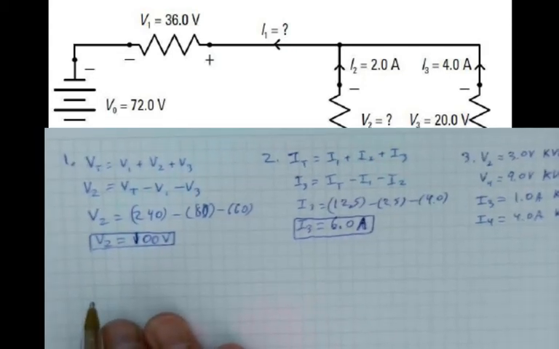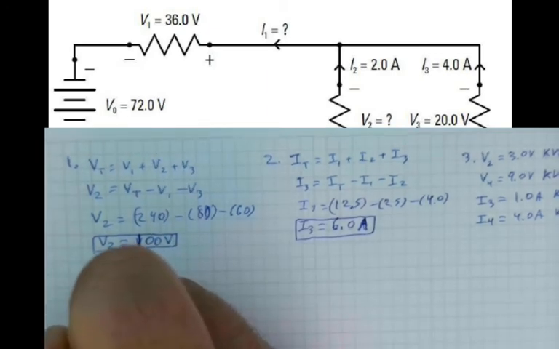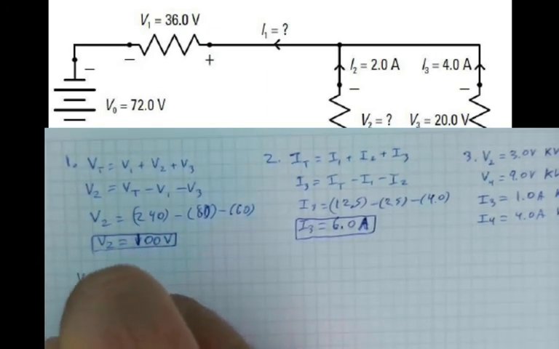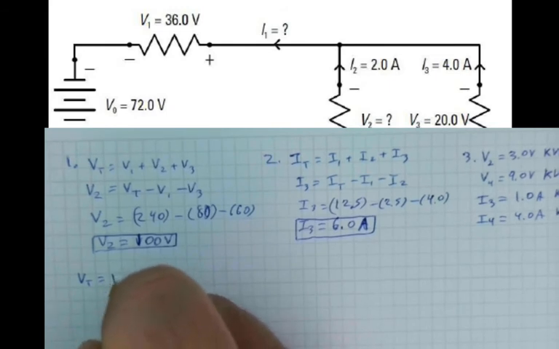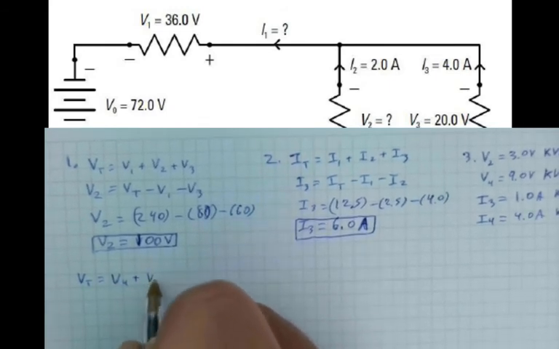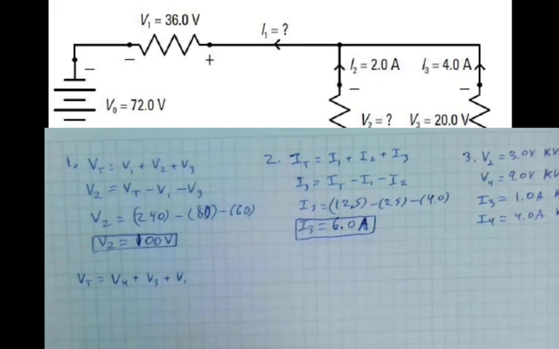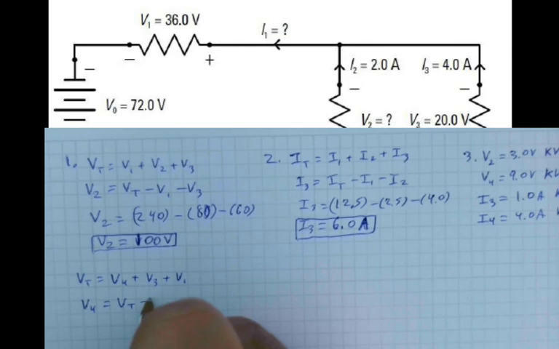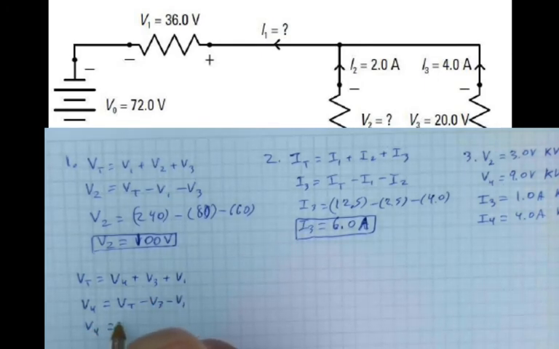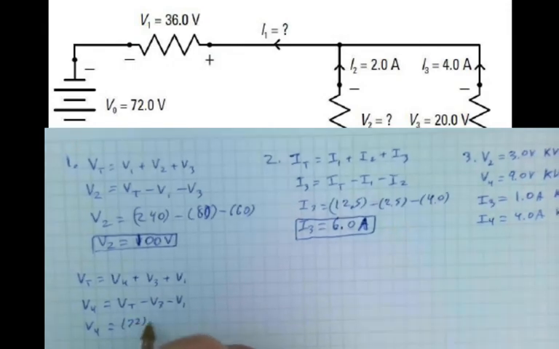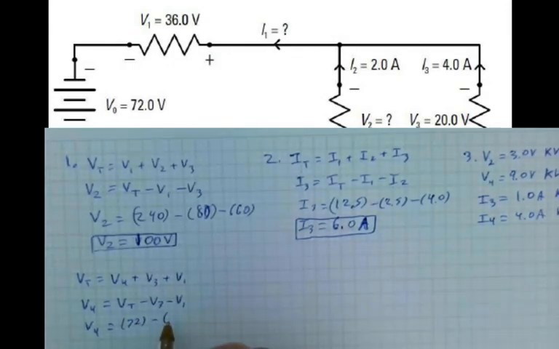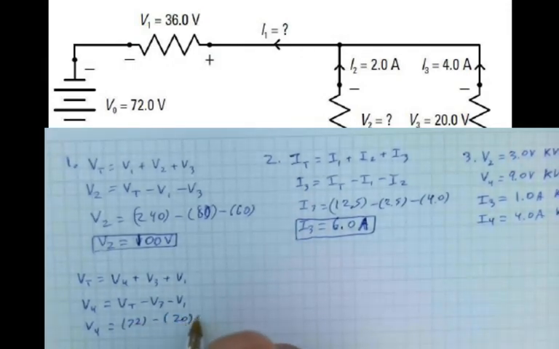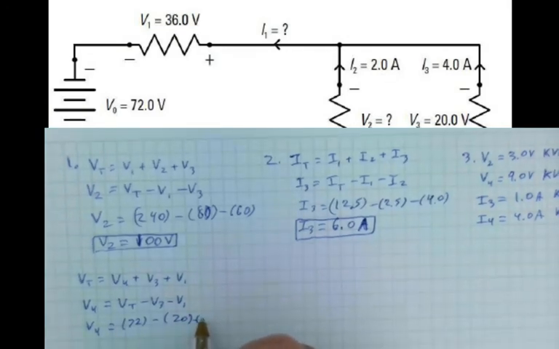And I can say that my V total equals V4 plus V3 plus V1. So my V4 equals V total minus V3 minus V1. So my V4 is equal to 72 minus V3, which is 20, minus V1, which is 36.